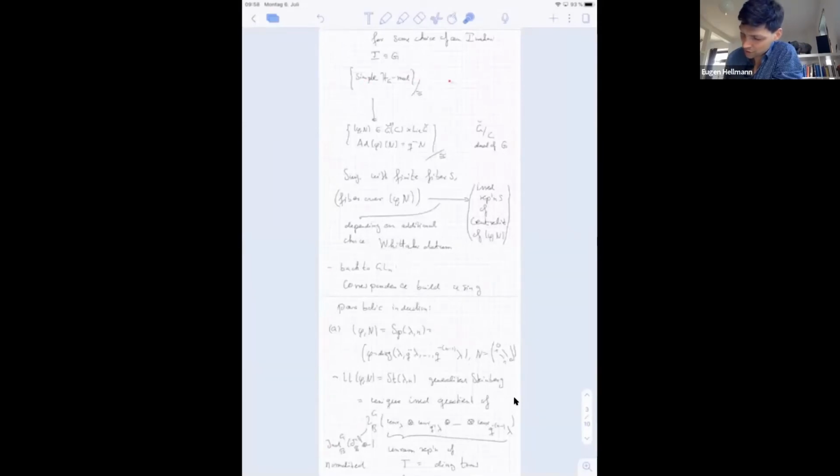Going back to this classification of simple Hecke modules, you roughly should think about this classification as being part of the functor that I described below.